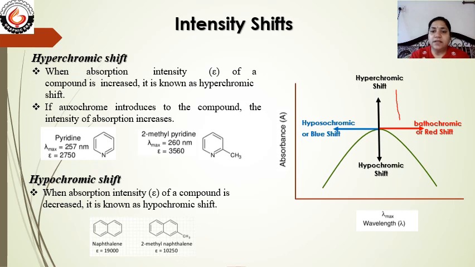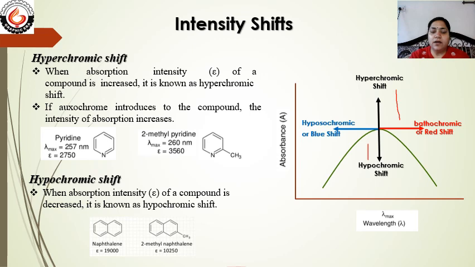Second is hypochromic shift. Hypochromic shift means a decrease in intensity. If the intensity is decreased, the peak goes slightly down. That is known as hypochromic shift, when the absorption intensity of a compound decreases. Here the examples given are naphthalene and 2-methyl naphthalene.